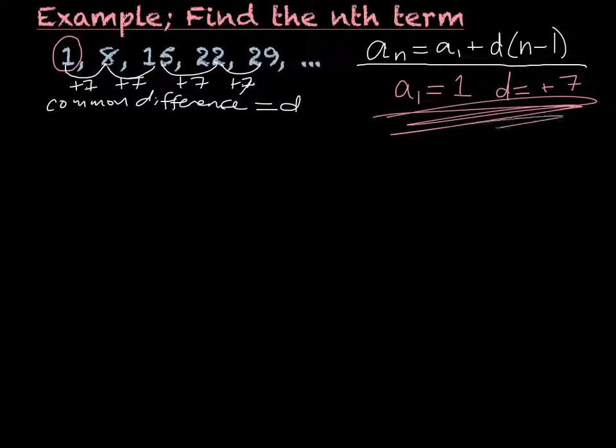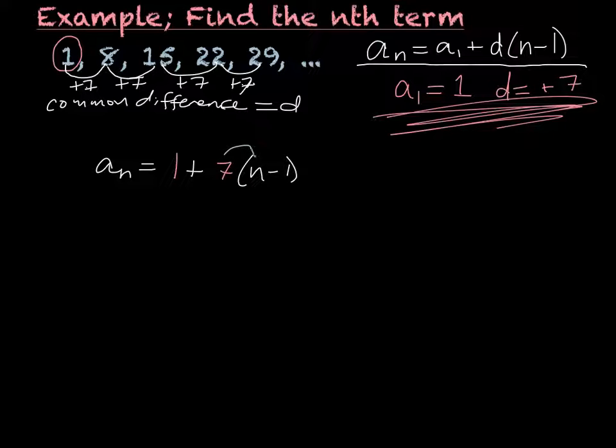Okay, now I have all the information I need to put into my formula. So I say a sub n equals my a sub 1, which is 1, plus my d, which is 7, times n minus 1. And it should always be n minus 1 right there.